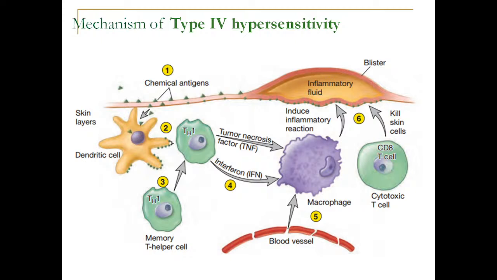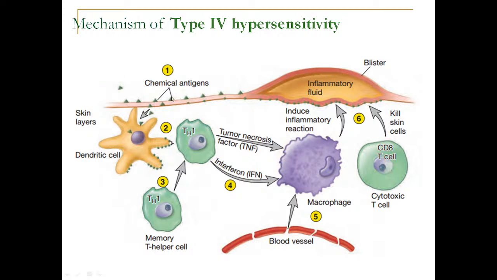Let's look at this scheme. Type 4 hypersensitivity. Chemical antigens. These are allergens. What can be allergens in type 4? It can be metals, some nickel, chromium, for example, or latex. Or it can be tuberculin. Tuberculin, it's also allergen which injection cause type 4 hypersensitivity.